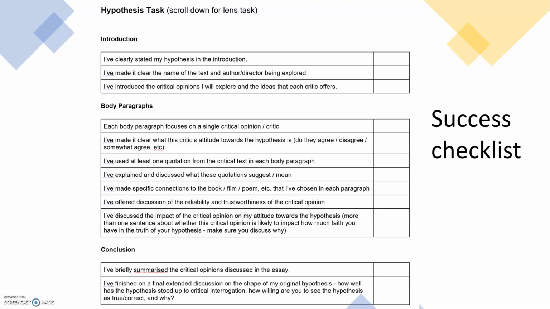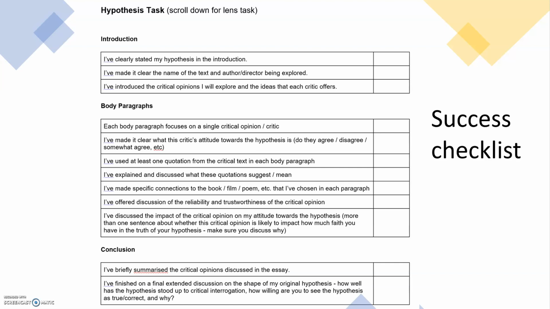If we are looking at the hypothesis task, then in your introduction, you need to really clearly state your hypothesis. Remember, a hypothesis is not a question, it's a statement. It should be expressing an opinion about the particular text that you have studied.